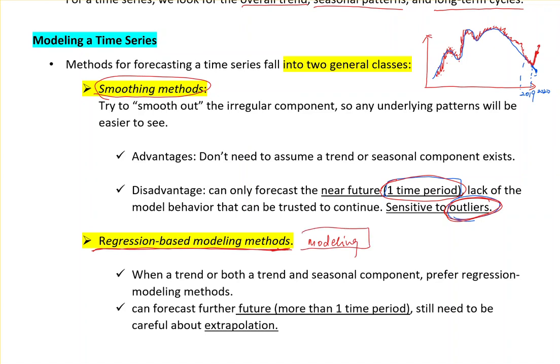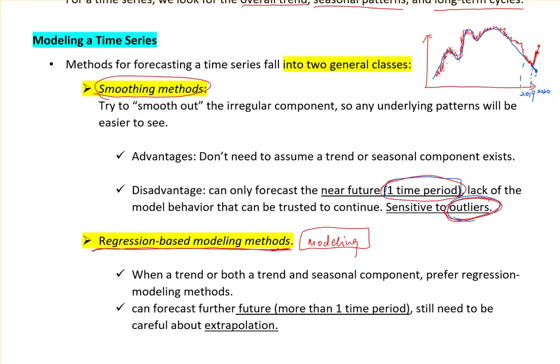So actually this method is our real modeling method. Of course, for regression-based modeling methods, we also have advantages and disadvantages. The first advantage is you can get the model, the model behavior, and once you have the model, it is good for any kind of time series.